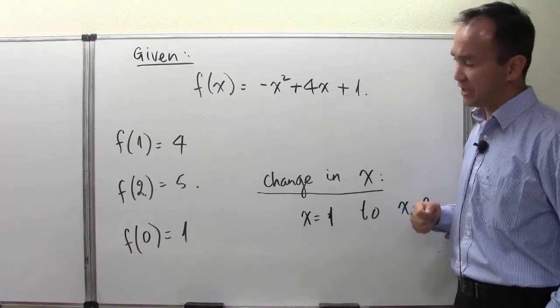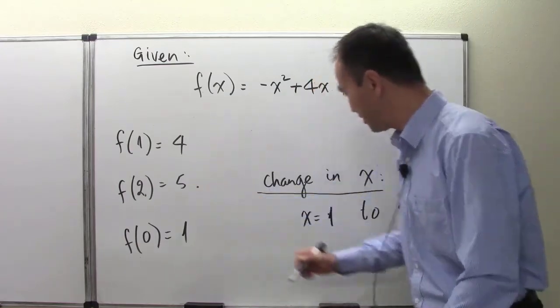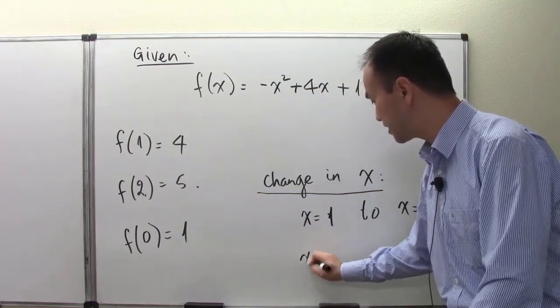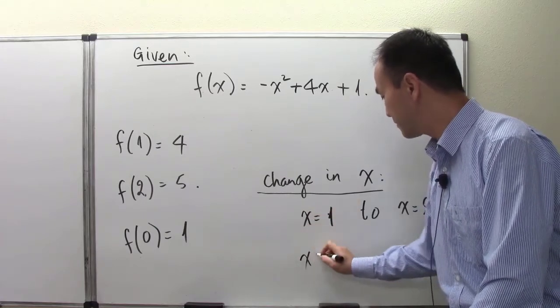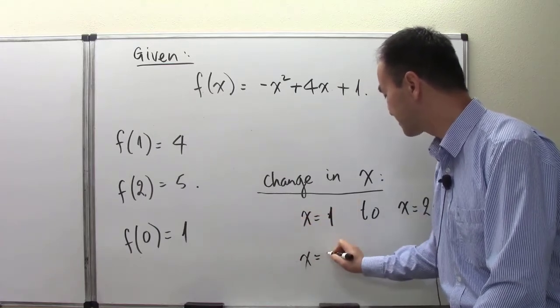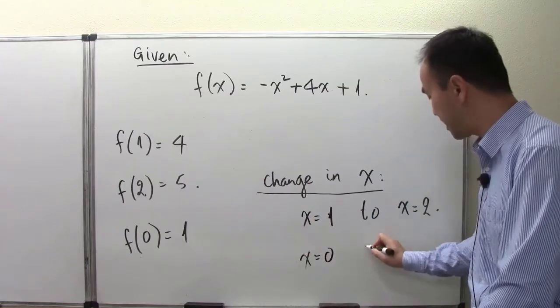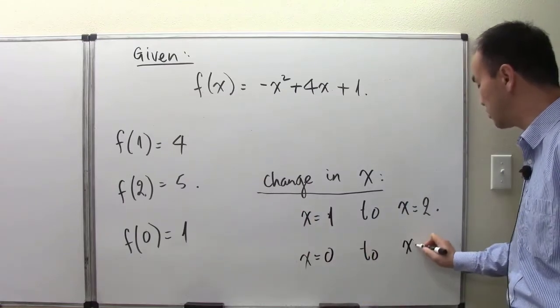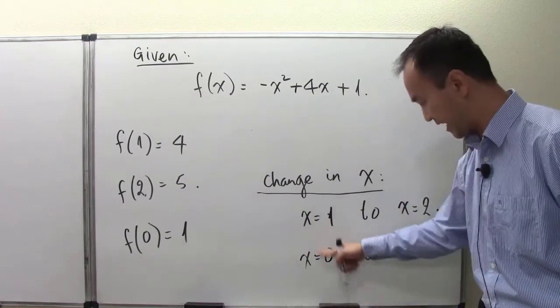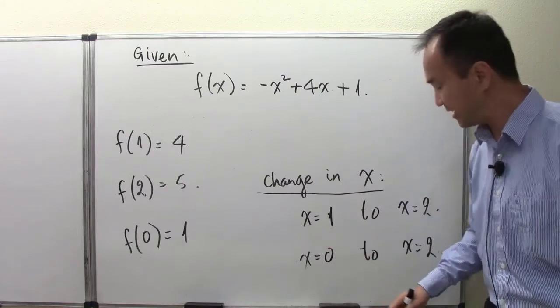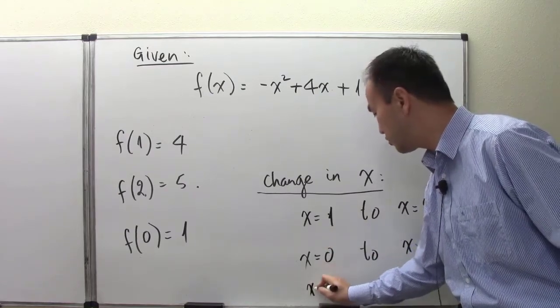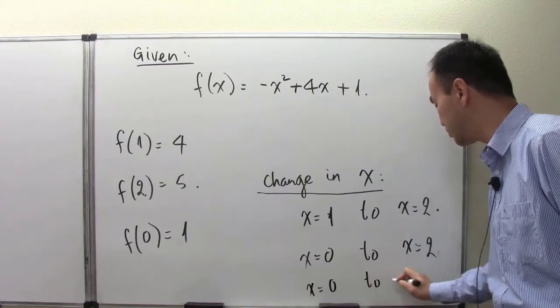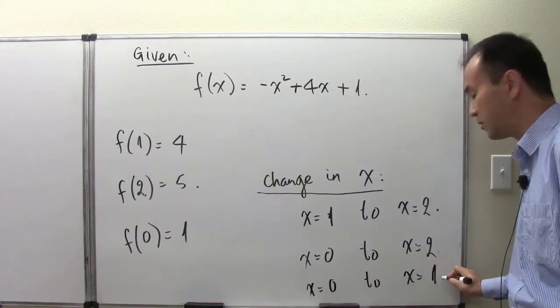So you can also start your change in x at x equals 0, and end that change at x equals 2. That's another change right there. And then you can change from x equals 0 to x equals 1.